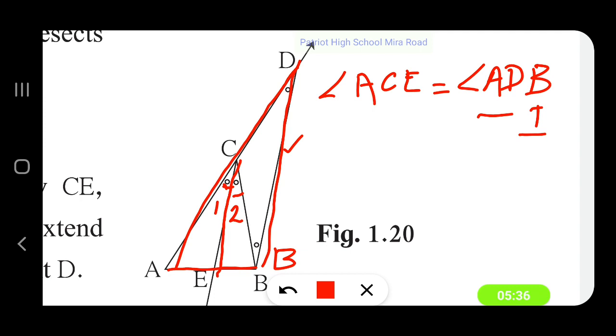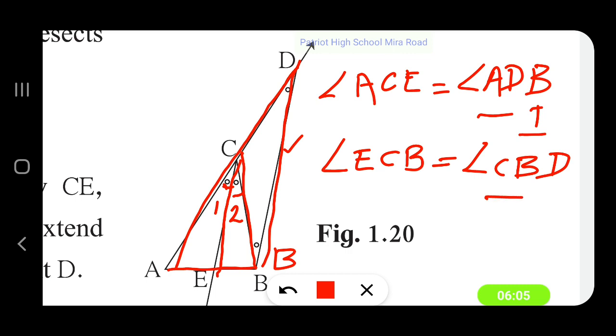And another is, CE and BD are parallel and CB is the transversal. Therefore, angle 2 or angle ECB is equal to angle CBD. This is 2.